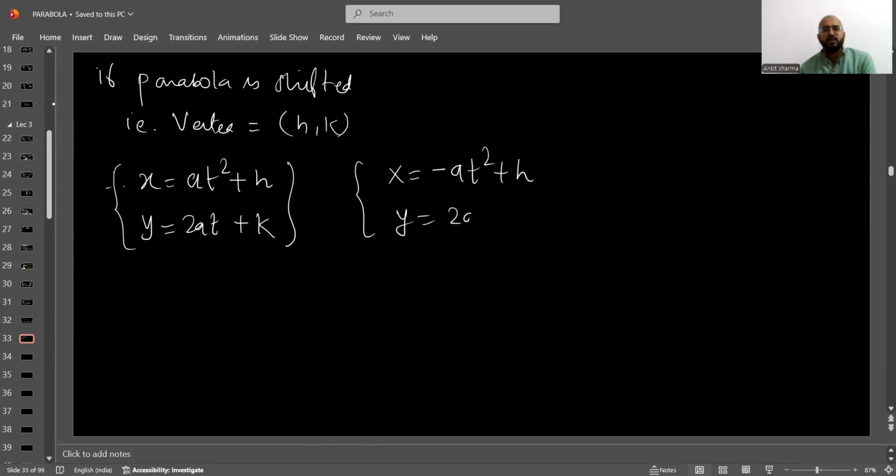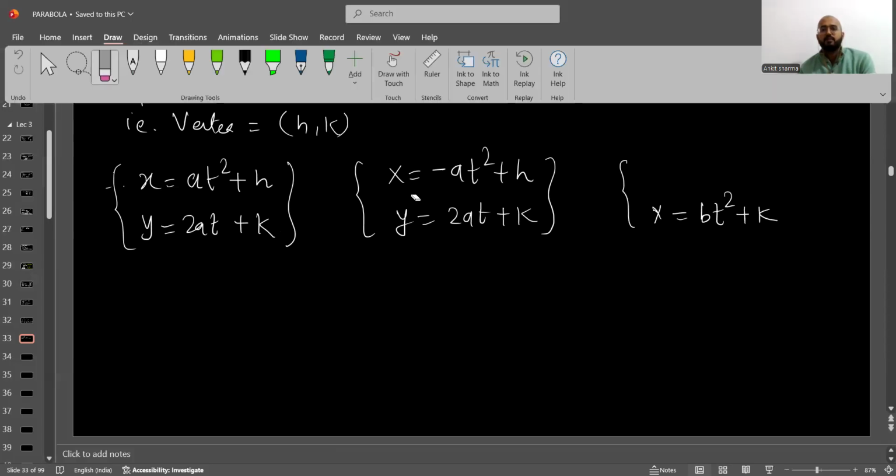This is what we have discussed in the earlier sessions also. This is for the second parabola. And then for the third one, I'll have y is equal to bt square plus k. This is y, not x.